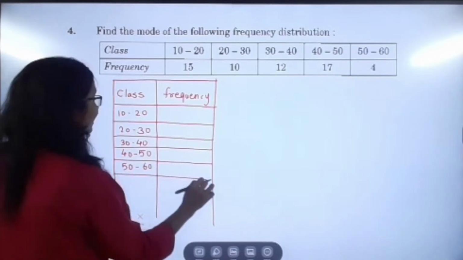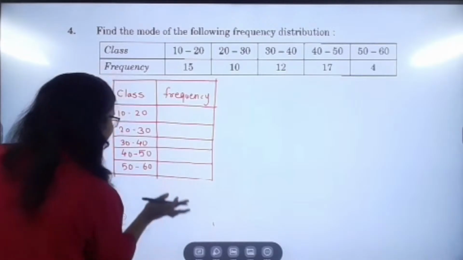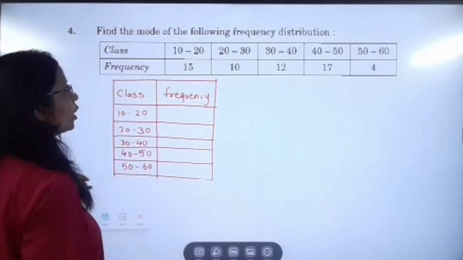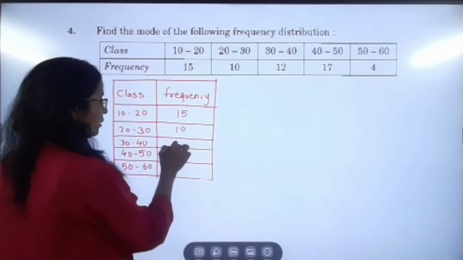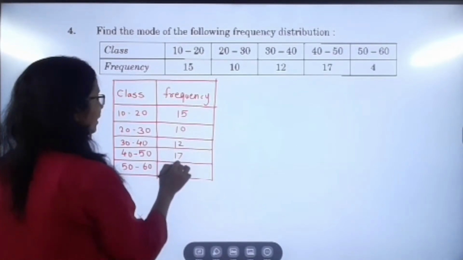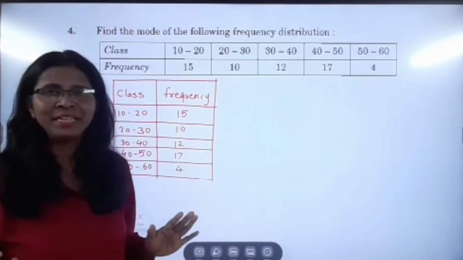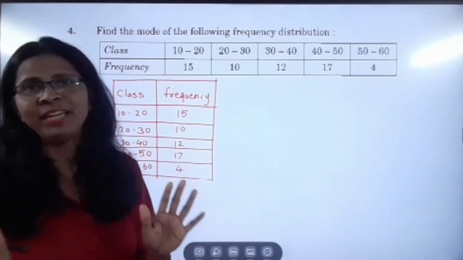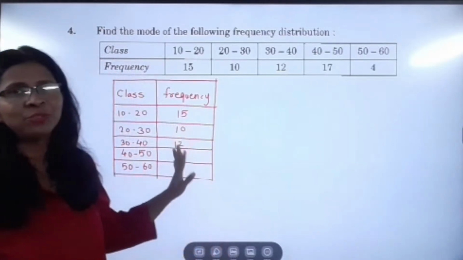Then see here the frequency in the second column. The frequencies are respectively 15, 10, 12, 17 and 4. Then it will be very convenient for me as well as you. You get full marks if you write in such a way.